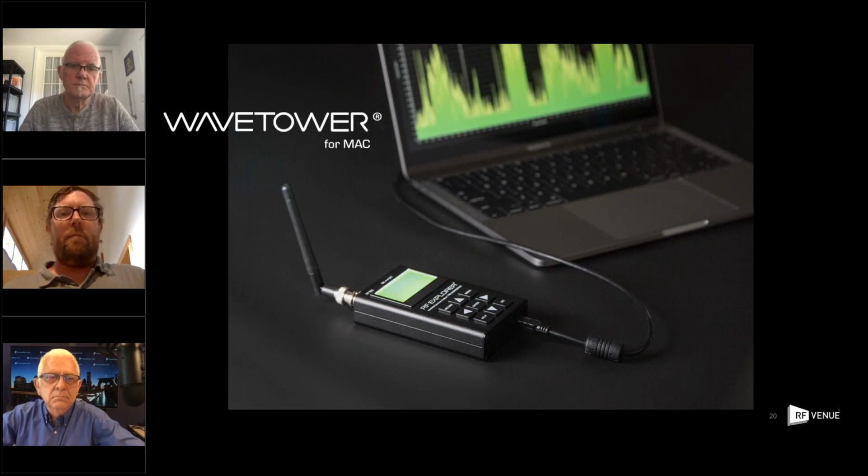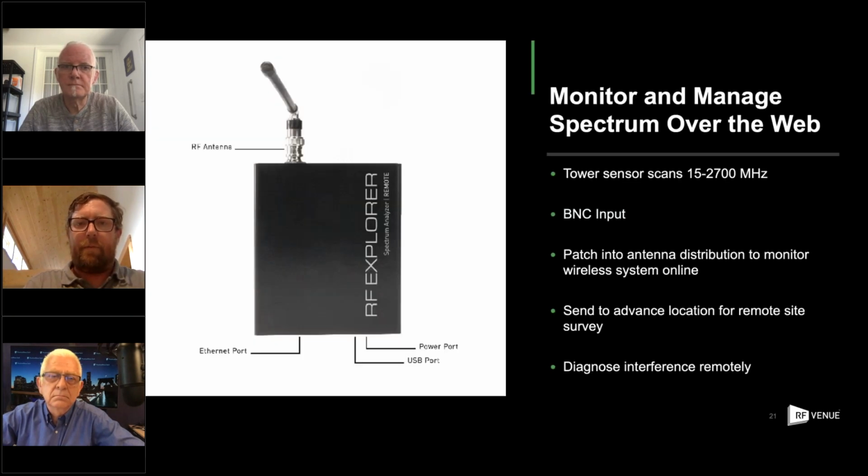Having a secondary monitor that just has the RF up, that can give you an at-a-glance view of what's happening, is a really useful way of using this particular tool with the Wave Tower software. So in terms of how this would be set up in my rig, that's a really common application.